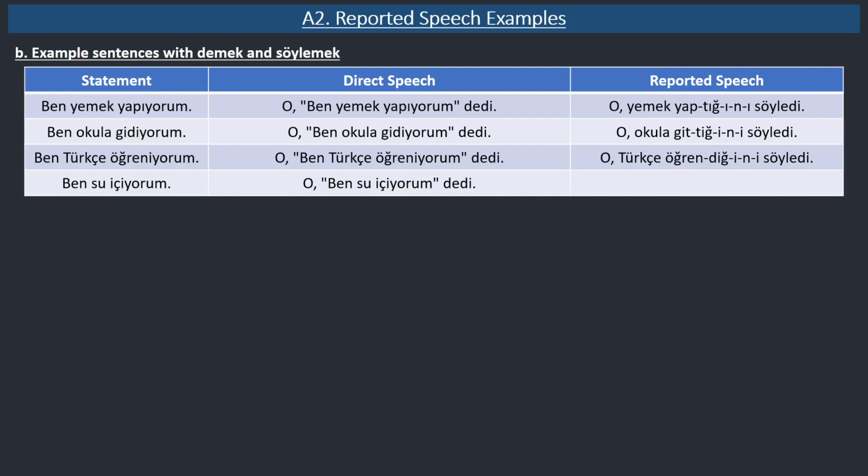There's a big mistake in your example, Hawla. There's an inconsistency, like it doesn't go with the same ending. You need to remember that in the statement or direct speech, ben changes into o, because like he says I am, but when you're talking about him, it becomes o.